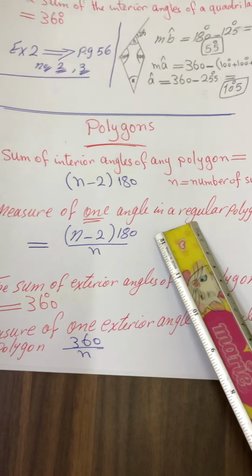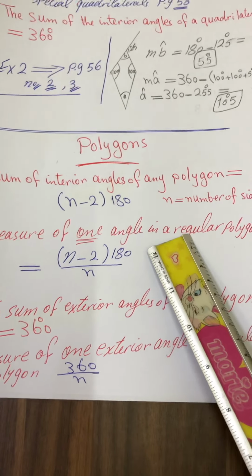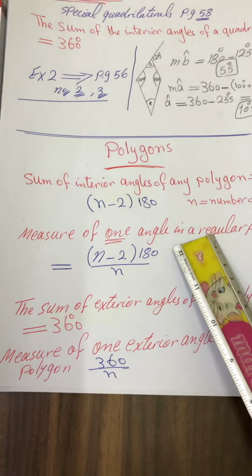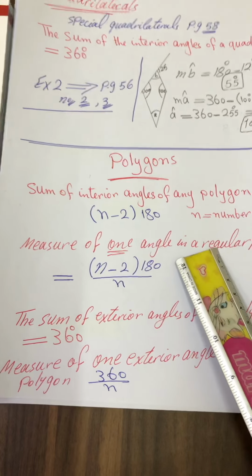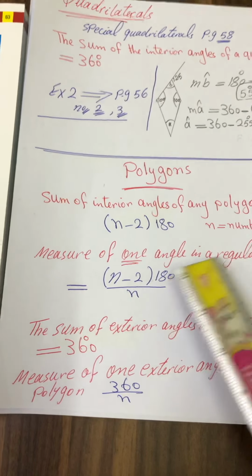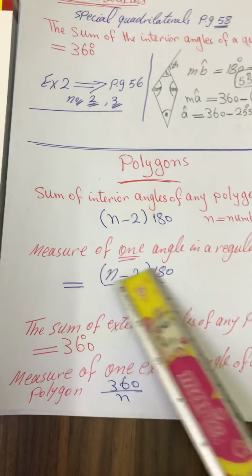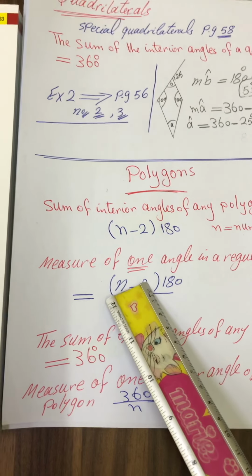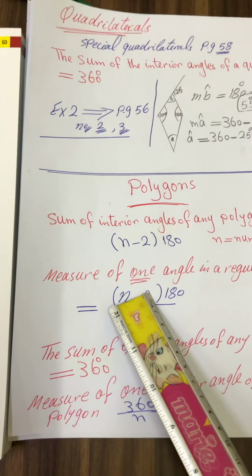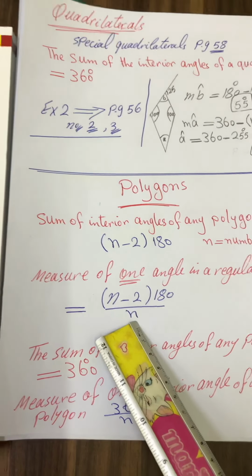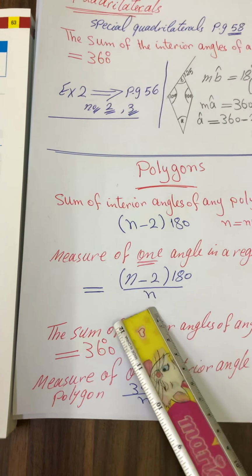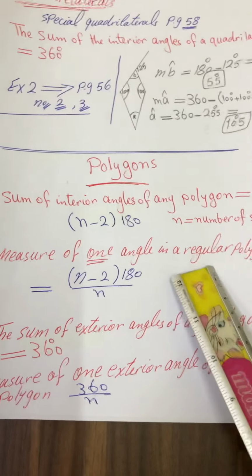That's to say all the sides are equal, have the same length, and the angles also are congruent. So if I want to find the measure of just one angle in a regular polygon, in the beginning I have to find the sum of the interior angles from this formula, n minus 2 times 180, and finally I divide by the number of sides or number of angles to find the measure of just one angle in a regular polygon.